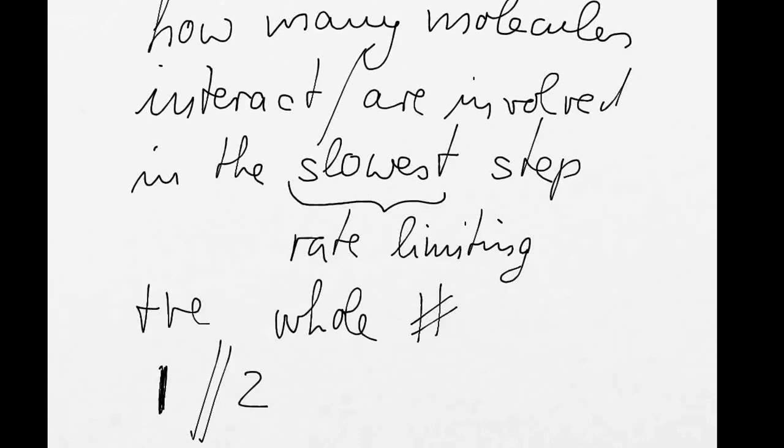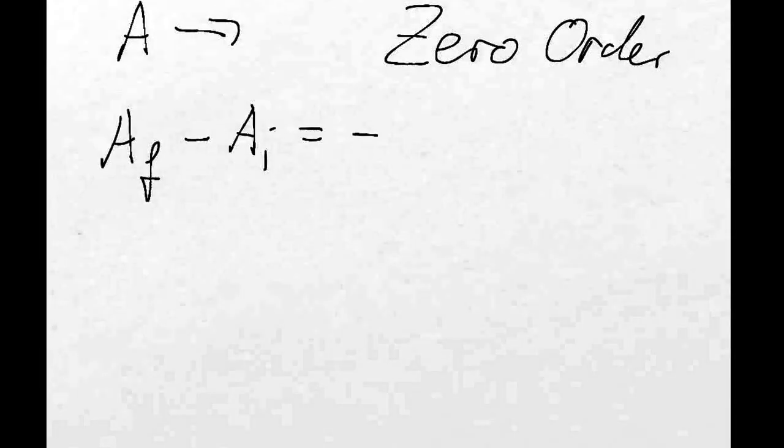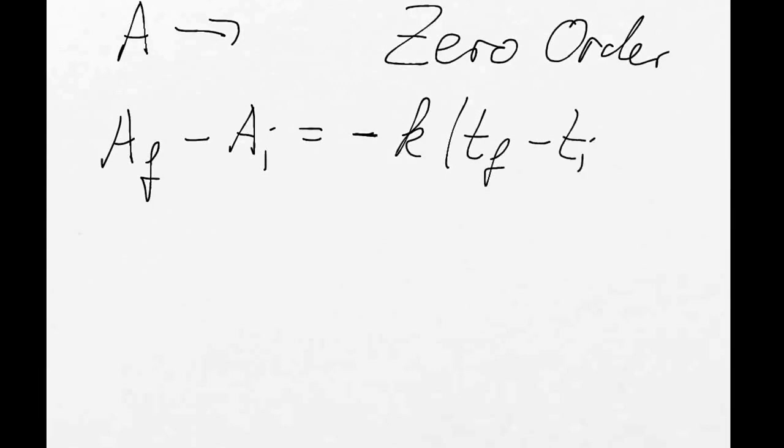Okay, so we have molecularity and we have order of a reaction. And you see, these two things are something completely different from each other. Okay, so we did the 0 order reaction, and I showed you for this reaction the equation that I want you to remember: A final minus A initial equals minus K times T final minus T initial.